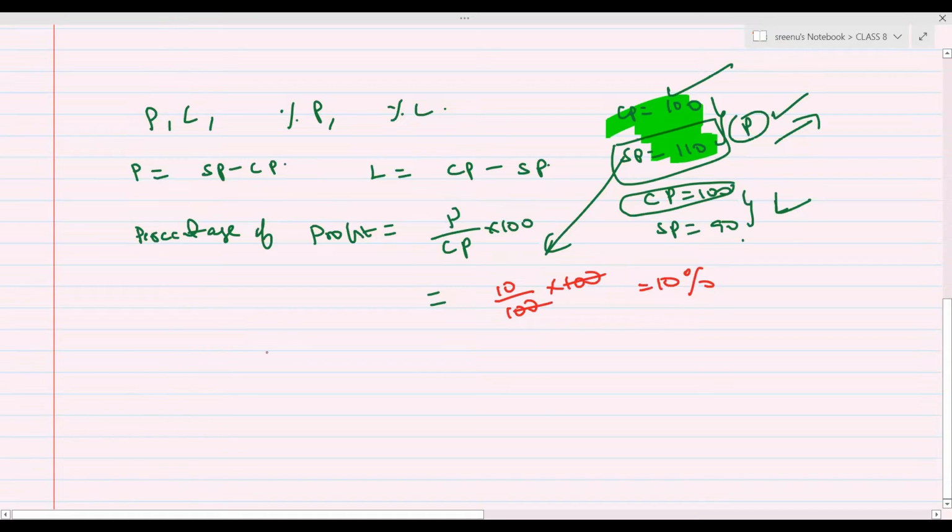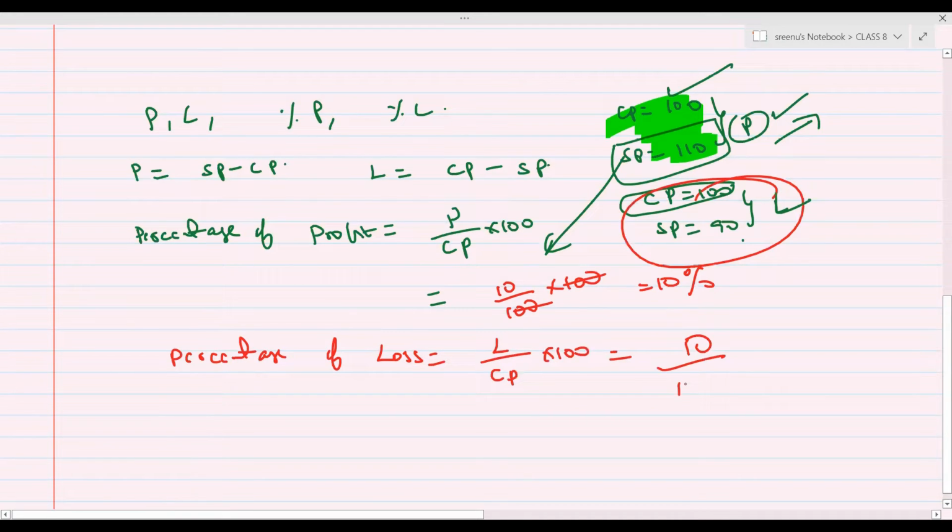Percentage of loss is loss by CP into 100. Loss again here is 10 rupees, CP is 100, so 10% loss. This is one more concept we learn in this chapter. Okay? Next, shall we move.